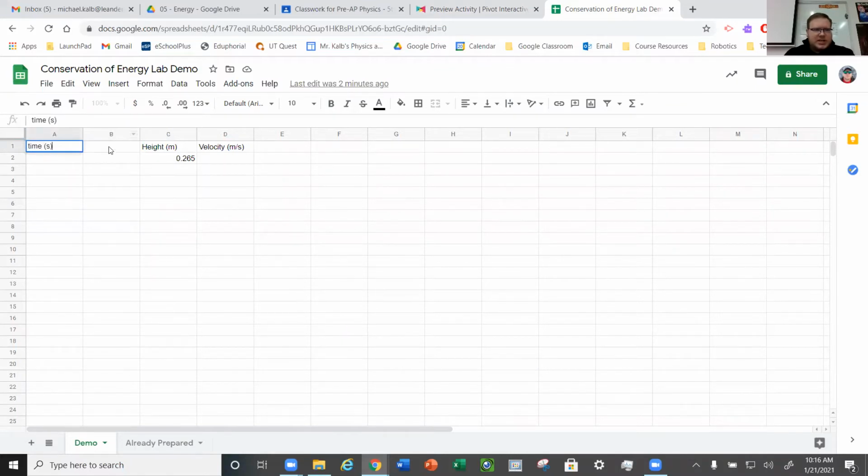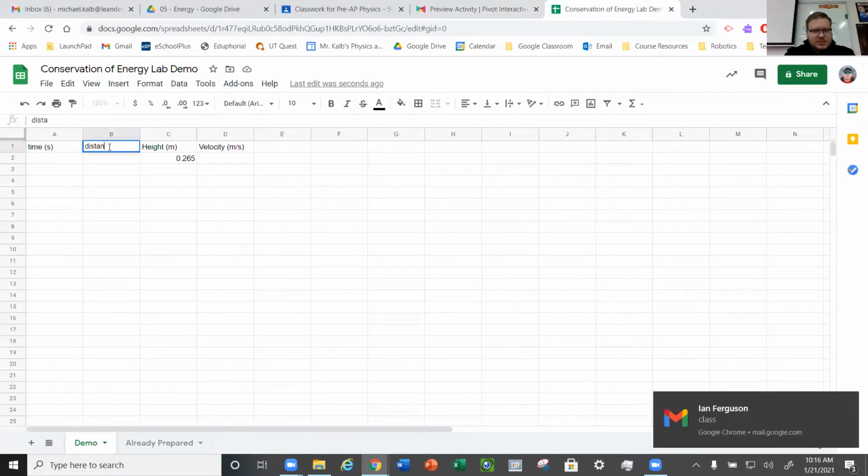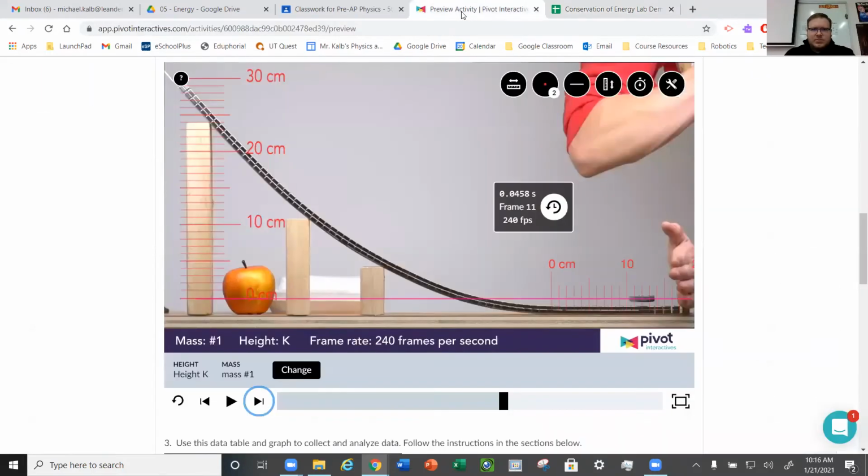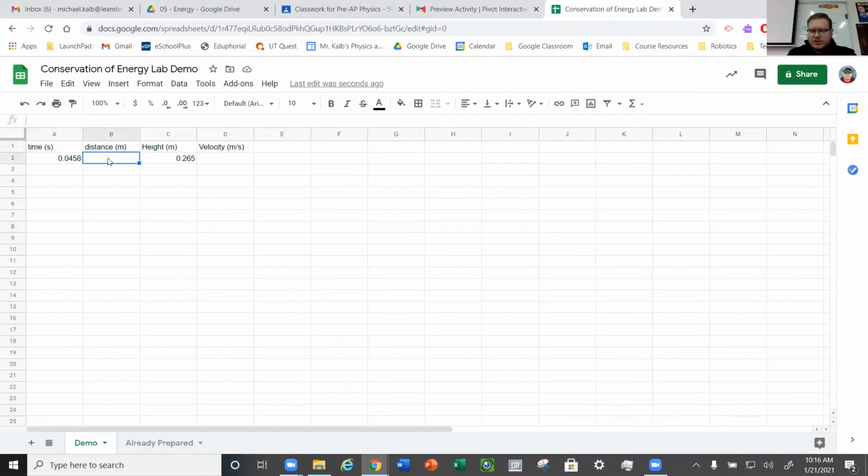I'm not going to plot these, but I can make sheets do the calculation for me. Time and distance in meters. So the time was 0.0458 seconds. The distance was 10.3 centimeters. So divide by 100, 0.103 meters.